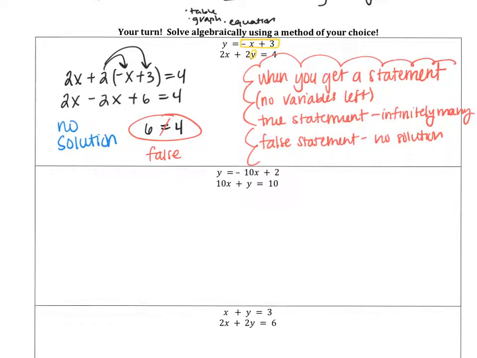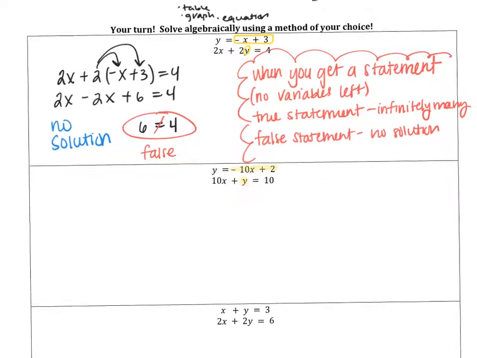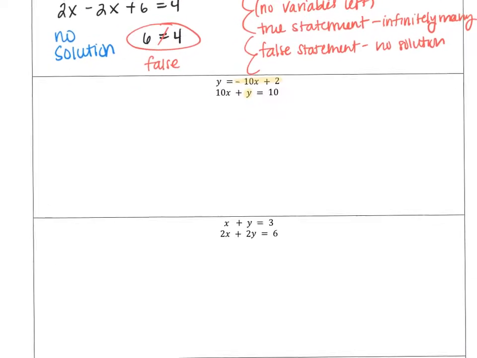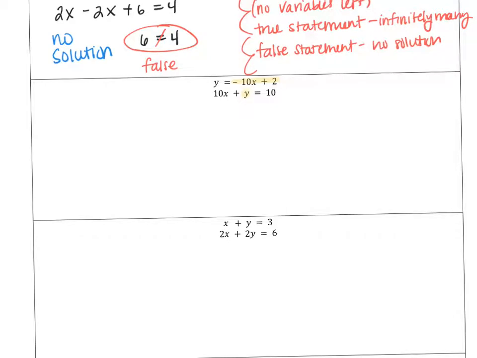All right, number 2, this is also set up perfectly for substitution. Y equals negative 10x plus 2. Everywhere I see that y, I'm going to plug in negative 10x plus 2. So let's do that: 10x plus negative 10x plus 2 equals 10.